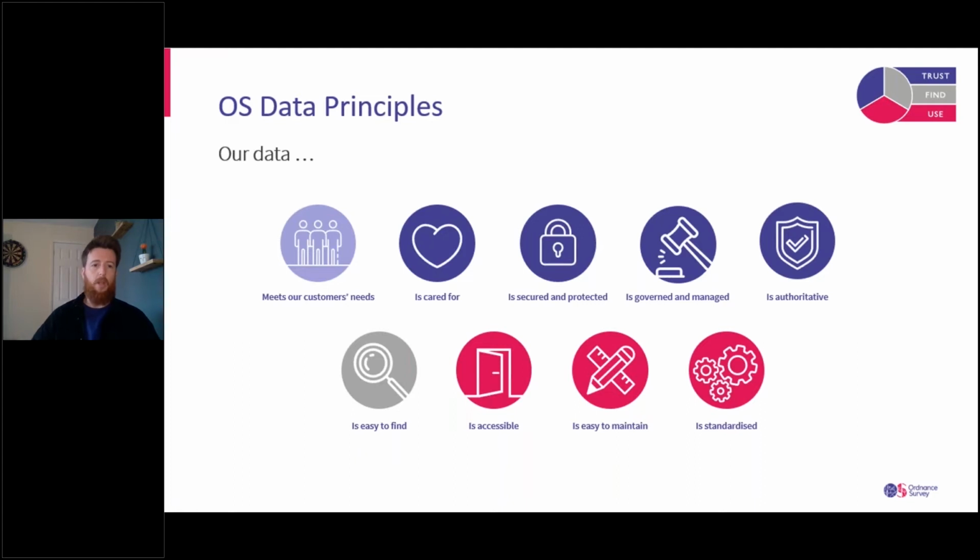You can see them there on the screen. I particularly like the fact that our data is cared for, and at Ordnance Survey we have lots of experts and people that are extremely passionate about data, extremely passionate about geo, and our data from end to end is cared for, managed, and really well maintained. Next slide, please.